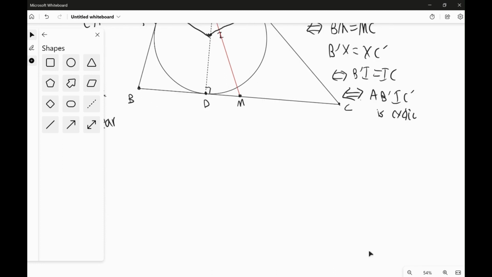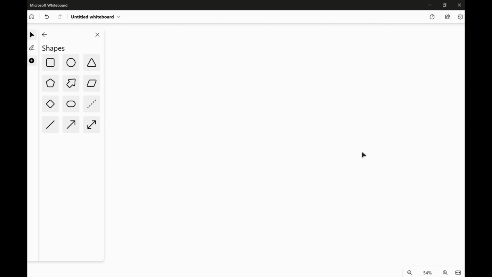So in conclusion, to summarize the video, we discussed homothety, which dilates lengths. And then we gave a few examples that relate to the incircle and how packed it is. For example, we considered the midpoint of altitudes.